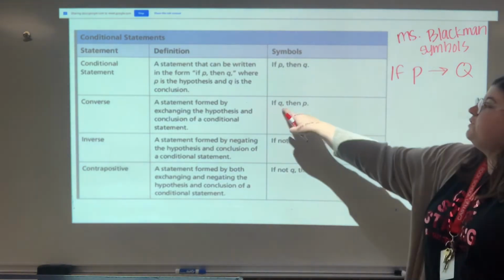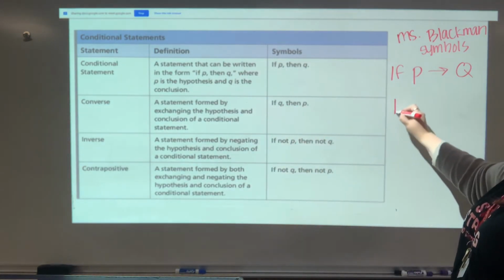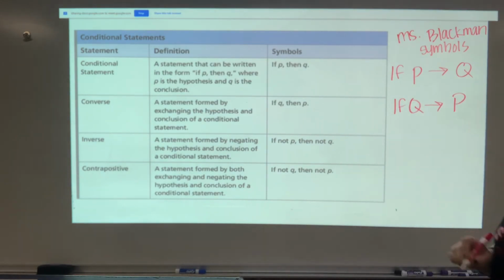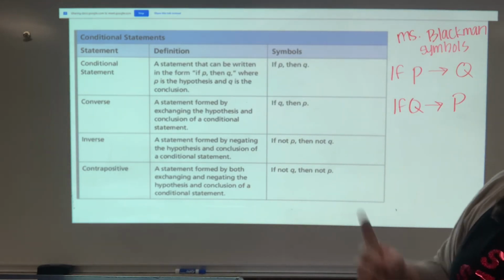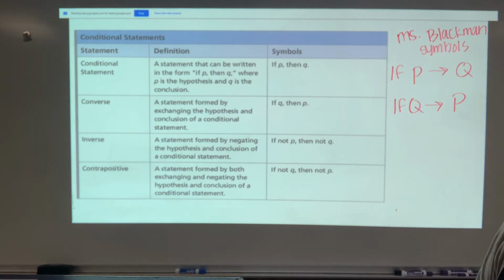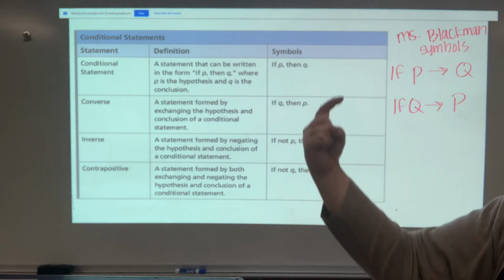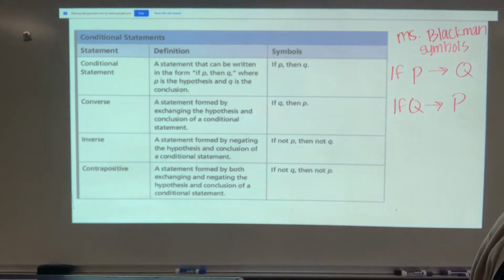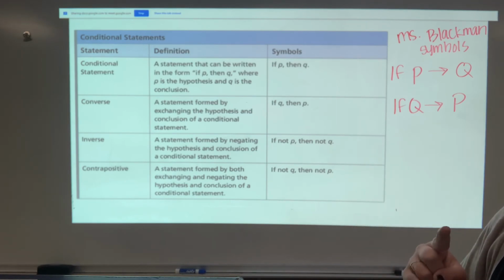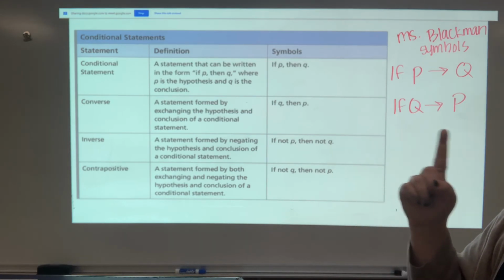So, if Q, then P. When we had the car salesman thing, I said, if you're a young couple, then you buy used cars. And I also said, if you buy used cars, then you're a young couple. I was covering both the conditional and the converse there. They are switched. If P, then Q, or your converse, if Q, then P.